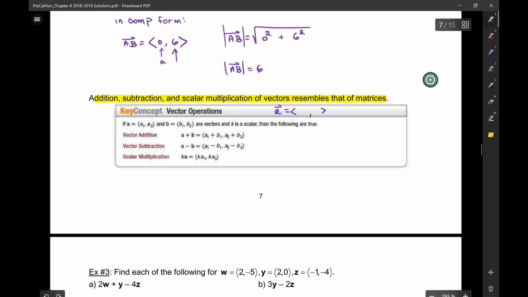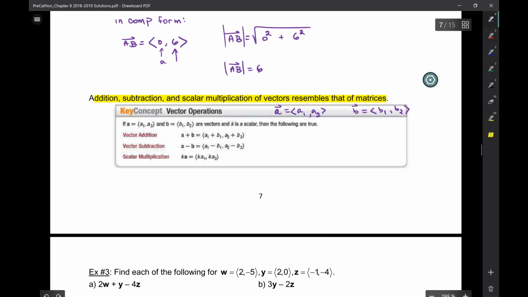Instead of labeling these A and B, because this is part of vector A, I say that's A1 and A2, so I don't run out of letters. Remember how in matrices one way to label things was X1, X2, X3 instead of W, X, Y, Z? And if I have a vector B, I call it B1, B2.